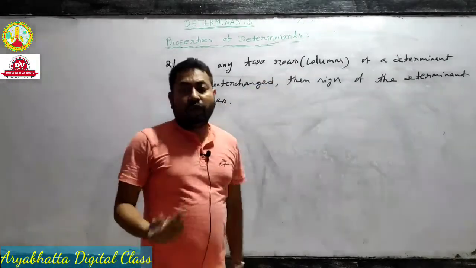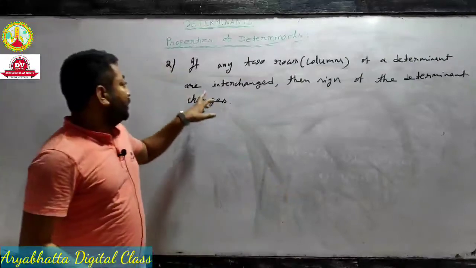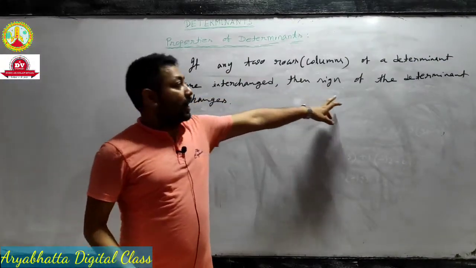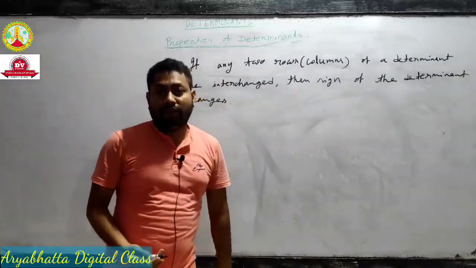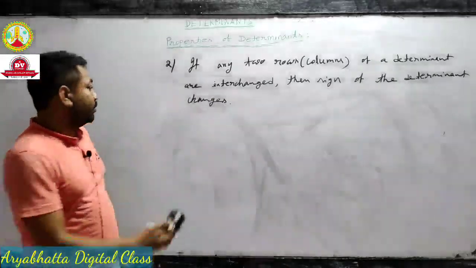If any two rows or columns are interchanged, then the sign of the determinant is changed. For example, let us take an example.